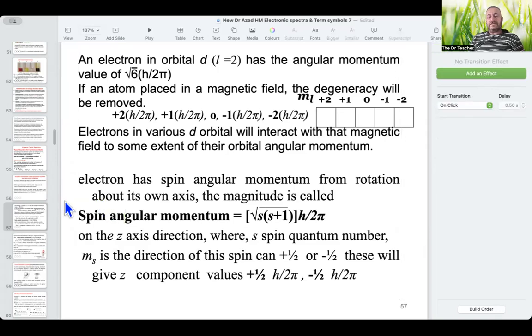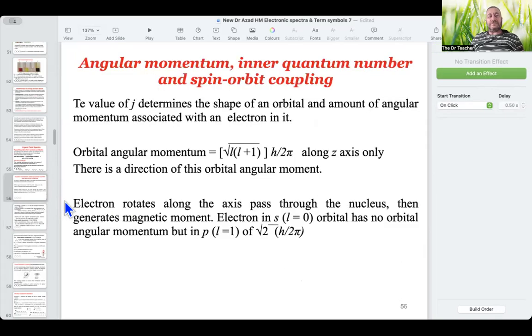So before that, we had the orbital angular momentum. For L equal to 0 will be S, so there is no orbital angular momentum.